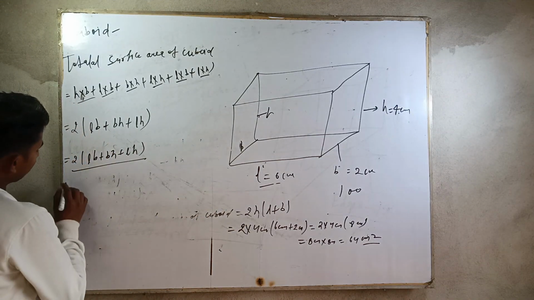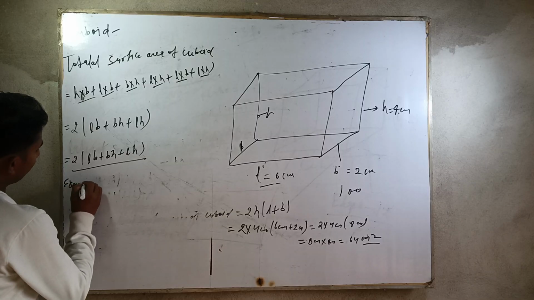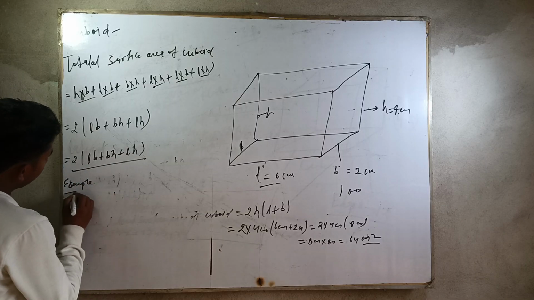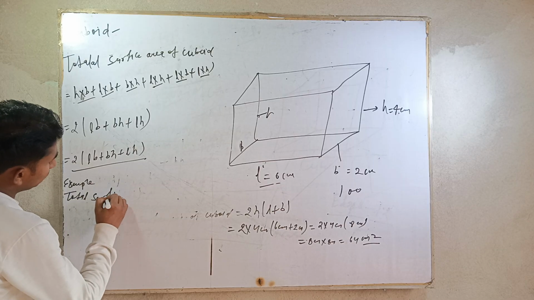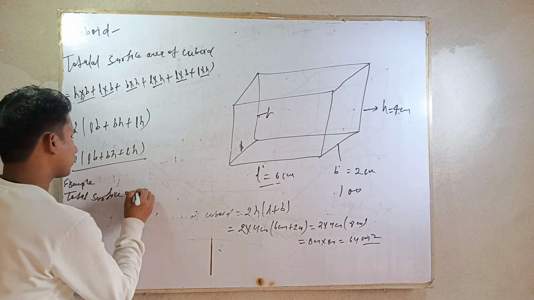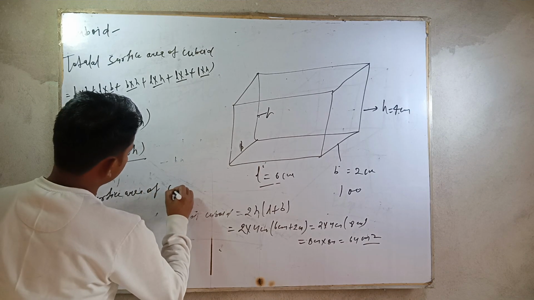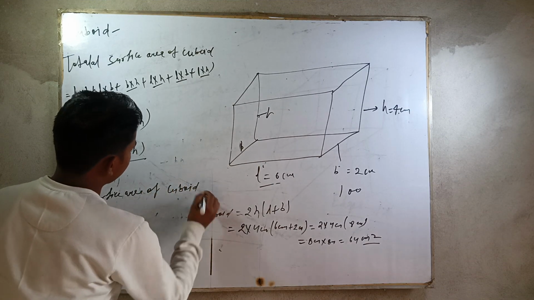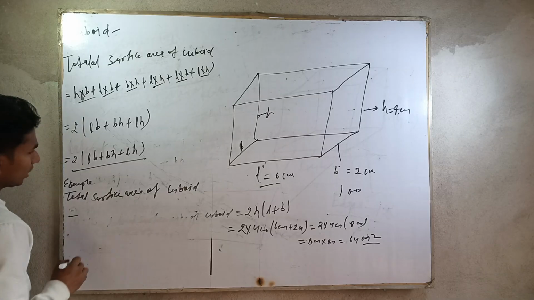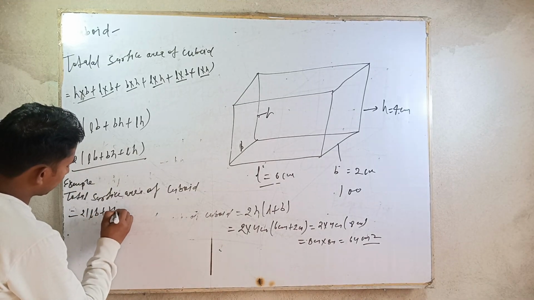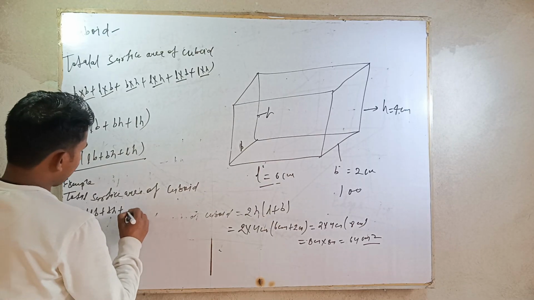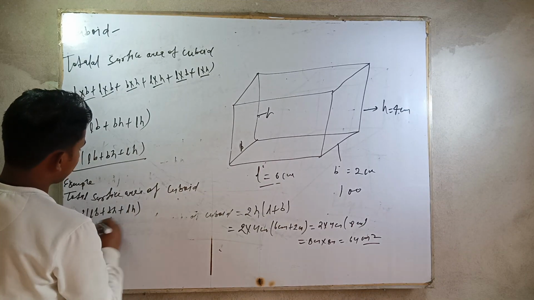For example, if I replace the values, total surface area of a cuboid equals what? 2 into (L into B plus B into H plus L into H).